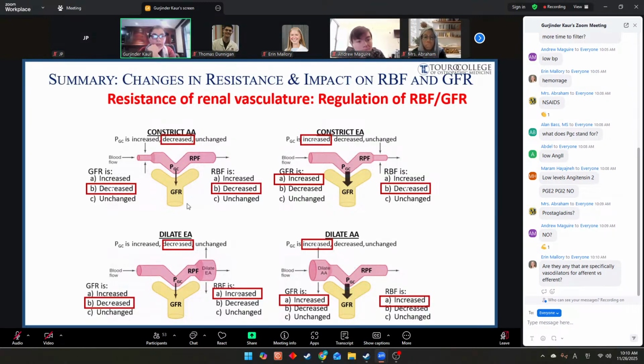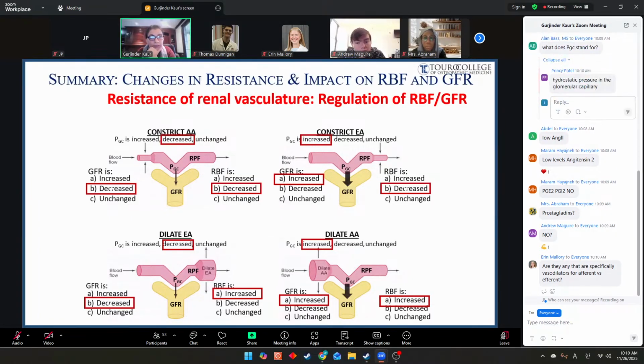Okay. So Erin is asking, are there any that are specifically afferent versus efferent? You mean dilation? Yes, like I know we said prostaglandins vasodilate both, but are there any that vasodilate just afferent or just efferent? Those who are vasodilators mainly tend to work on the afferent side more.